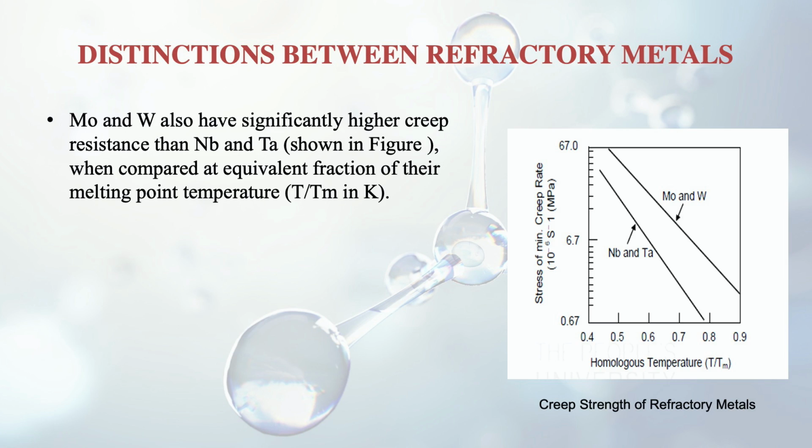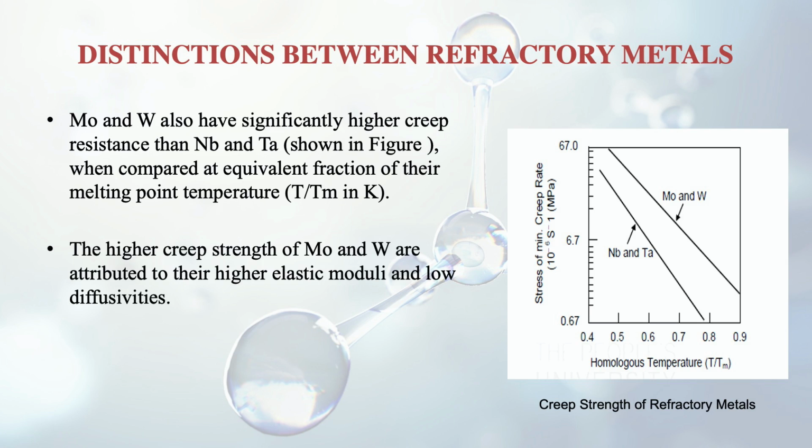That means that the creep resistance is better for them. The higher creep resistance of molybdenum and tungsten is attributed to their higher elastic moduli and low diffusivities. Like we saw earlier in this session only, that Mo and W have higher elastic moduli than Ta and Nb.